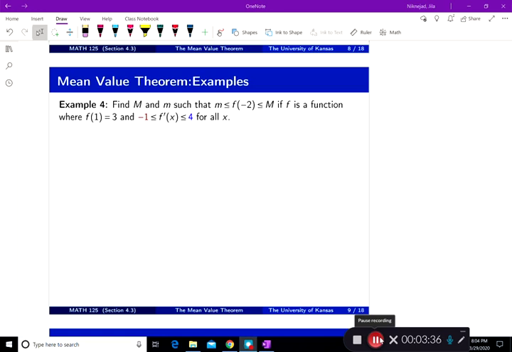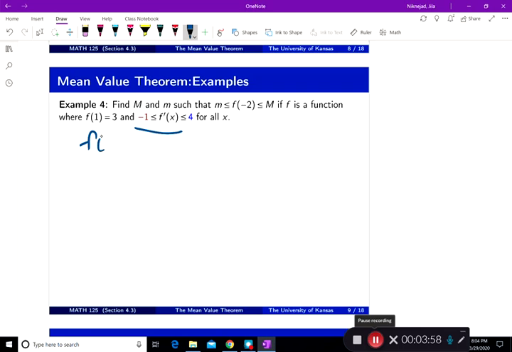What I have here is, let's see, we're in the mean value theorem section, so let's check that. It tells you that f prime exists everywhere, and it's also between -1 and 4. So f prime exists, that means f is differentiable and f is continuous.